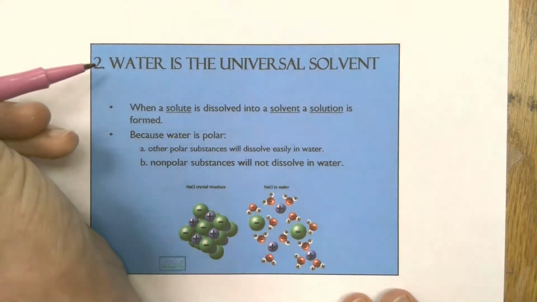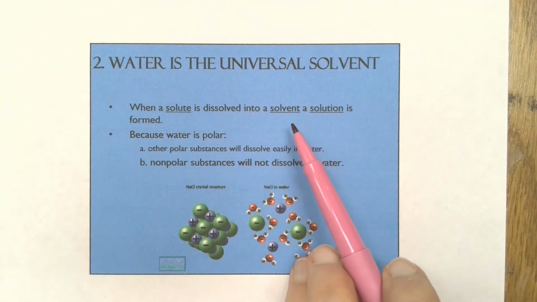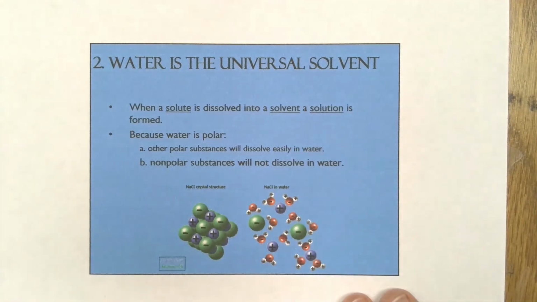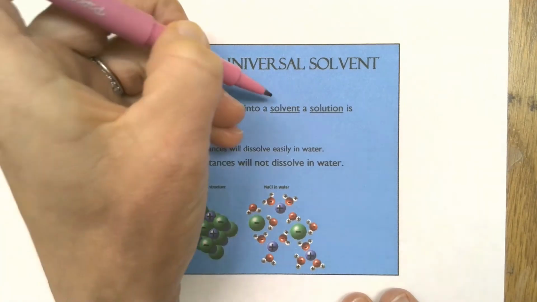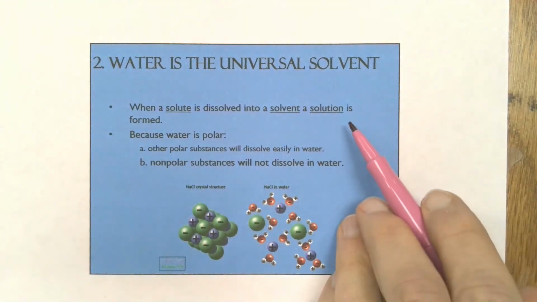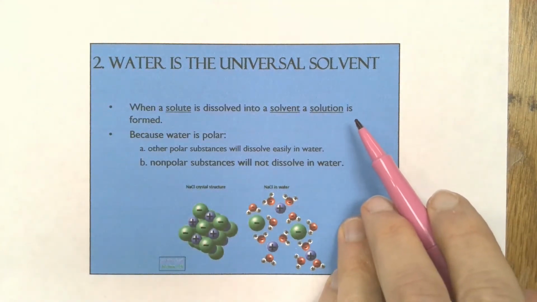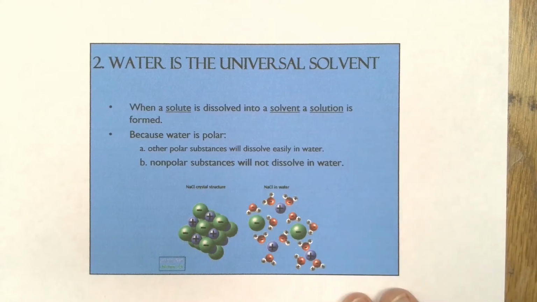So water's the universal solvent, and the solvent is the substance that does the dissolving of the solute, and then combined the solute and the solvent make up a solution, right? So water's polar, and so other polar substances or other ionic compounds will dissolve in water.